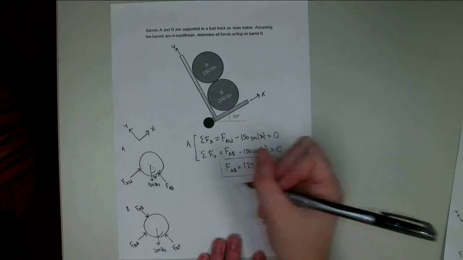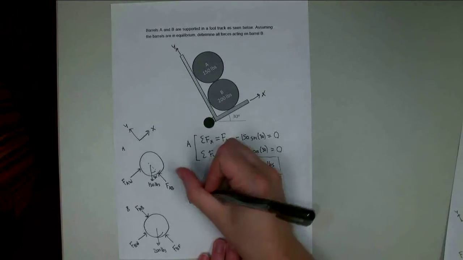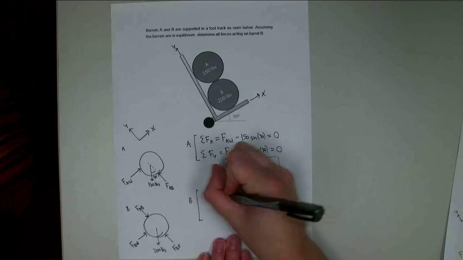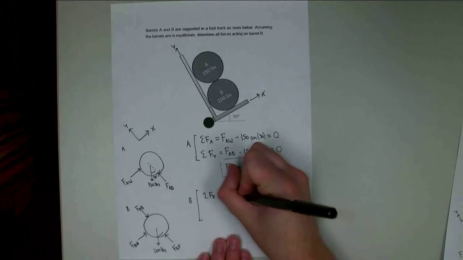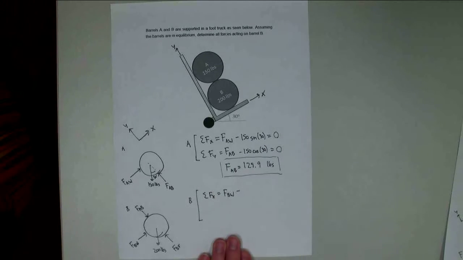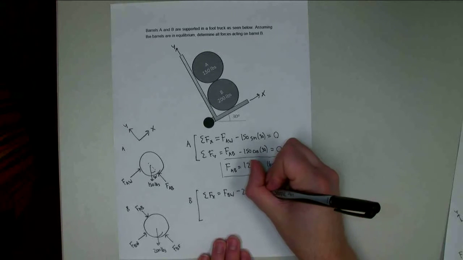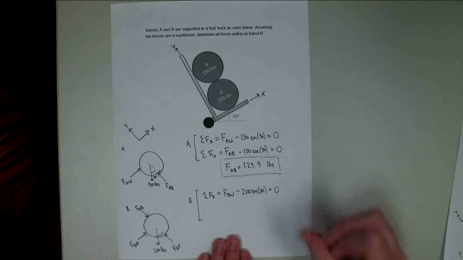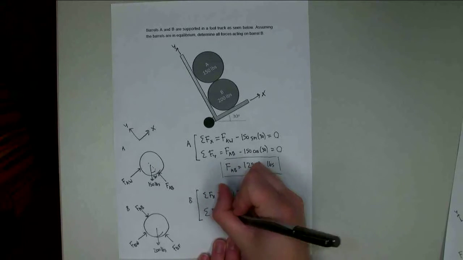It's one of the three forces I'm looking for. Alright, if I write out my equilibrium equations, I'm going to use the same axes for barrel B. Sum of forces in the x direction, it's going to be FBW, and then I subtract off the x component of this 200-pound force here. So minus 200 times the sine of 30. And the sum of those x components is going to be equal to 0. Alright, sum of forces in the y direction.